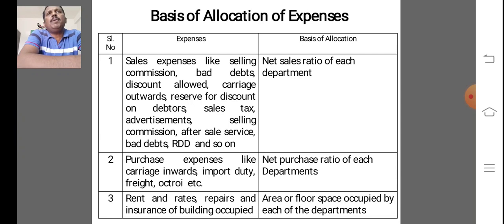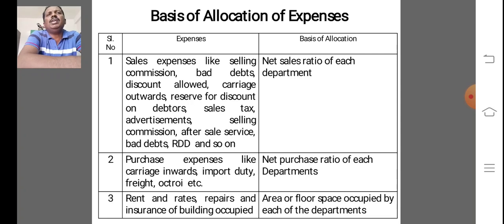In the preparation of departmental trading account, the gross profit or gross loss of each department must be ascertained. The gross profit or gross loss of each department must be transferred to the concerned departmental profit and loss account. The next stage is preparation of departmental profit and loss account.